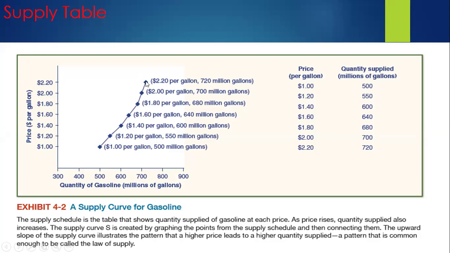The curve slopes from left to right, upward. So it's a direct relation. High, high, low, low. So this is direct.